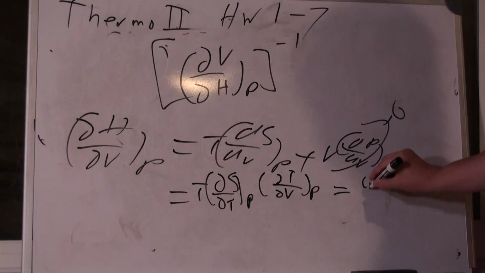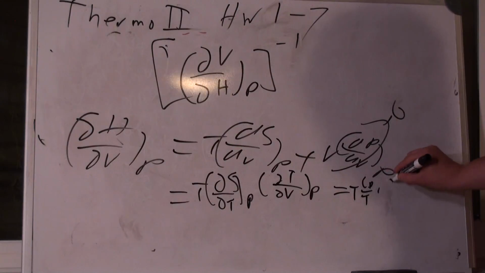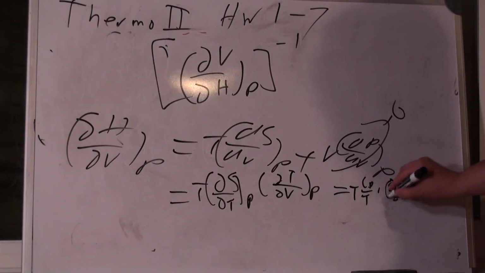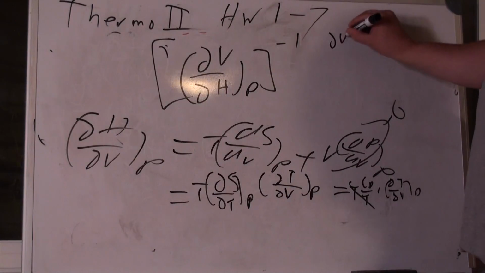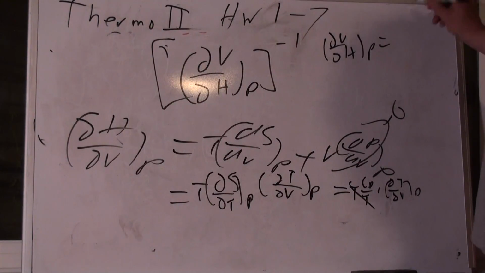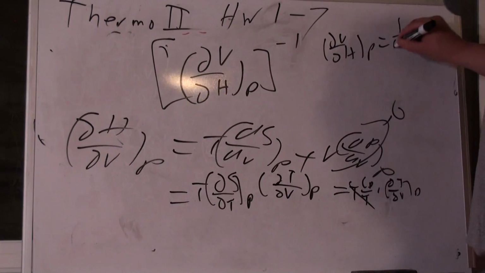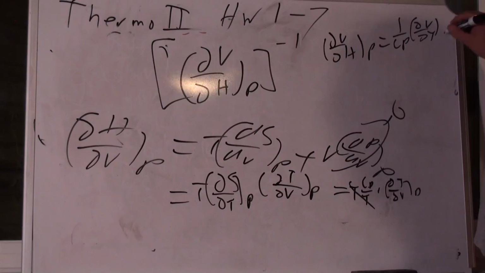So that is Cp over T, times dT/dV at constant P. My Ts cancel out. But I need to inverse this again to get it back. So my dV/dH at constant P is actually equal to 1 over Cp times dV/dT at constant P.